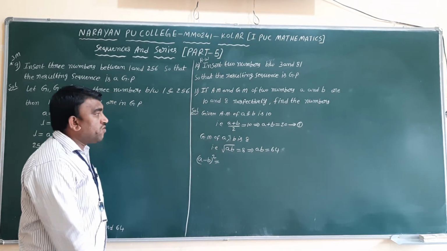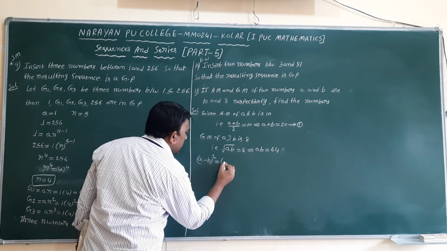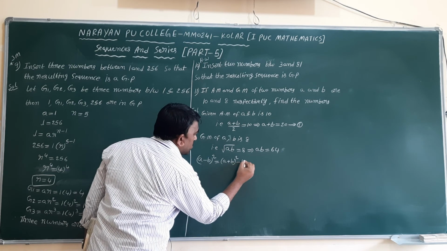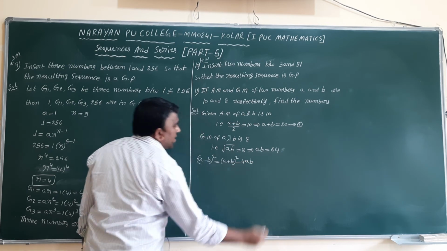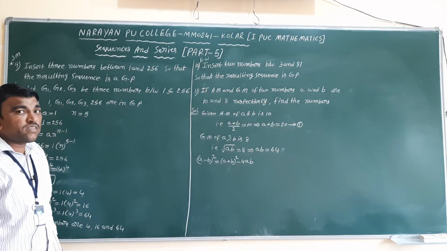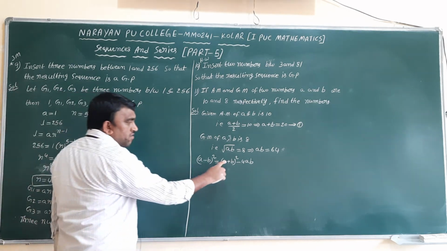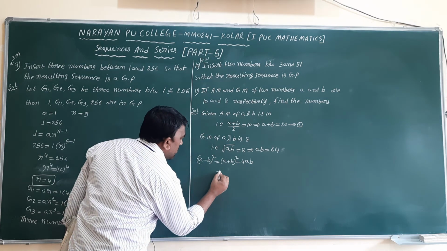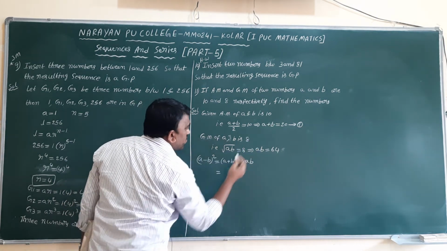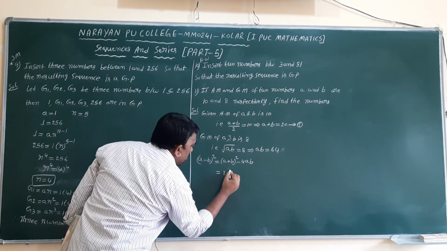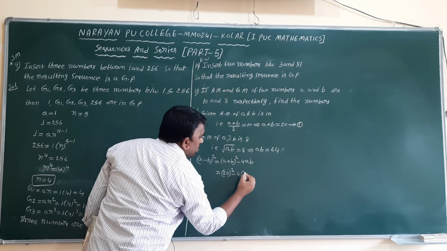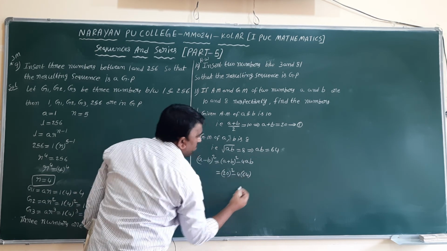A minus B whole square value we can write as A plus B whole square minus 4AB. While simplifying this we'll get A minus B whole square only, that equals A plus B value 20, 20 whole square, minus 4AB value 64.